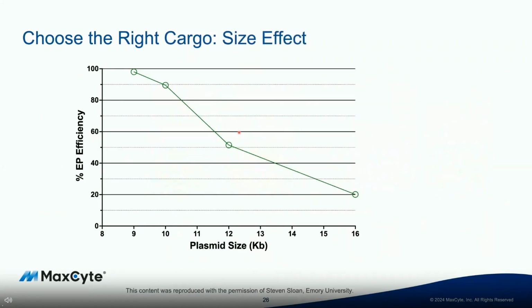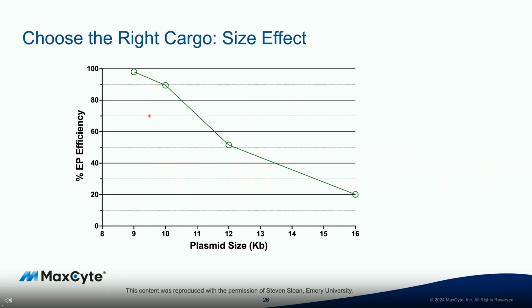So this slide shows how the size of the DNA affects the transfection efficiency. Again, this is human iPS cells, but basically what you can see is from 9 to 10 kb plasmid, you can get over 90% efficiency. As the plasmid size increases, the efficiency does decrease. Now, this is really dependent on the type of cell. We've had situations where customers can deliver a 100 kb DNA into other cell types.